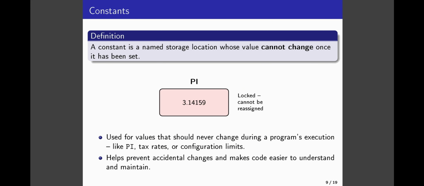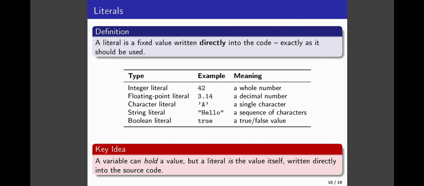It cannot be reassigned once it's set. Constants are used for values that should never change during a program's execution, things like pi, tax rates, or some configuration limits. Using them helps prevent accidental changes while also making your code much easier to understand and maintain.